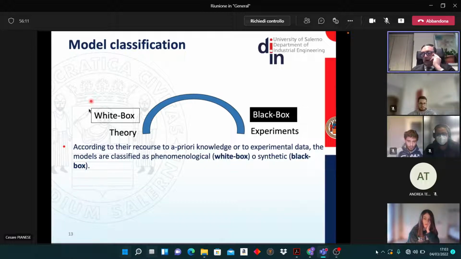So the white box models, as I said before, are based on theory, such as the 3D Navier-Stokes equations. Black box models are based on experiment. So these are based on a priori knowledge, and these on experimental data.